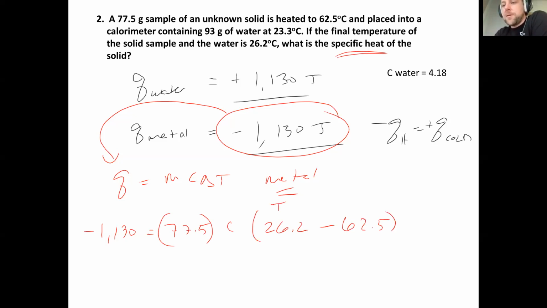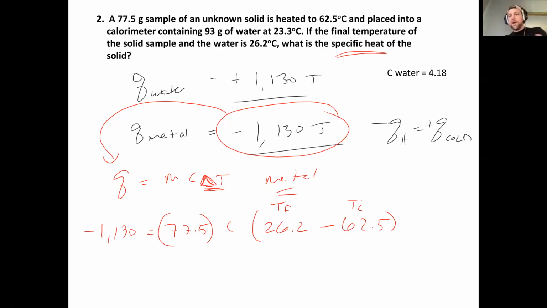So just to specify which one is the final minus initial. Anytime you have a delta T and you have two different temperatures, you can solve for that delta T by rewriting it as final minus initial. And here, now we have everything plugged in correctly.